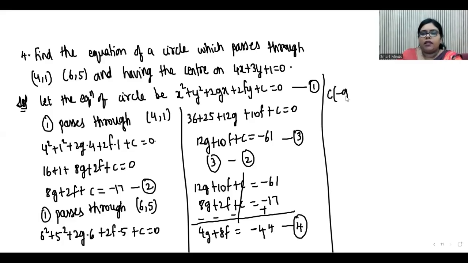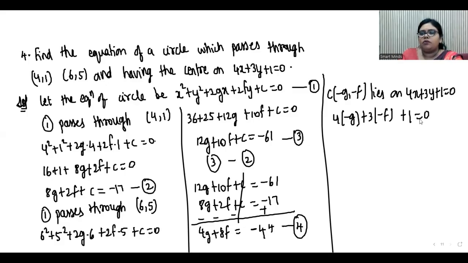Now the center minus g comma minus f lies on 4x plus 3y plus 1 equals to 0. So 4 into minus g plus 3 into minus f plus 1 equals to 0. So minus 4g minus 3f plus 1 equals to 0.